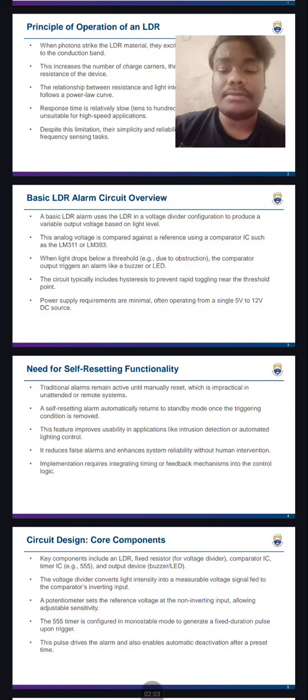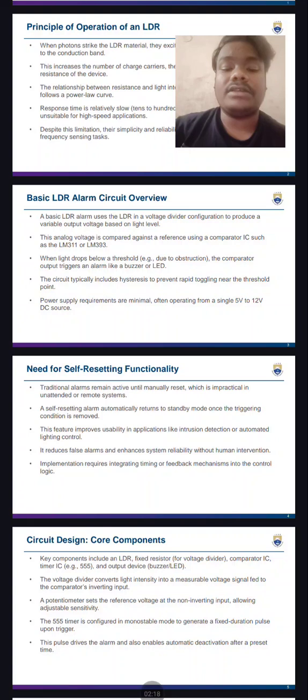When light drops below the threshold, the comparator output triggers an alarm like a buzzer or LED. The circuit typically includes hysteresis to prevent rapid toggling near the threshold voltage points.